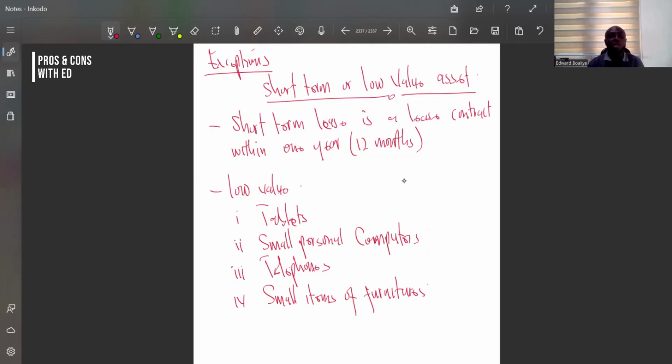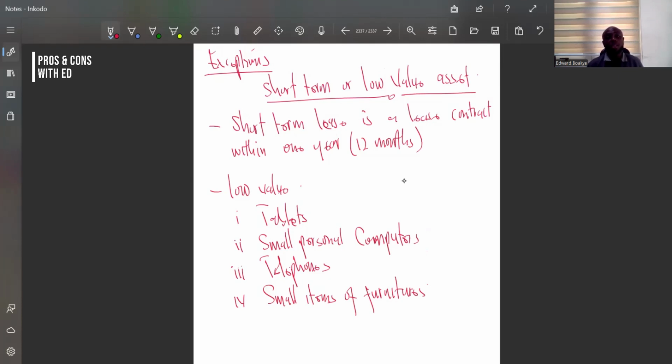If possible, we'll get a question on an operating lease also. A short-term lease is not different from an operating lease, because it just goes through your P&L, and the lessor also recognizes it through P&L. The last thing on lease is sale and leaseback.